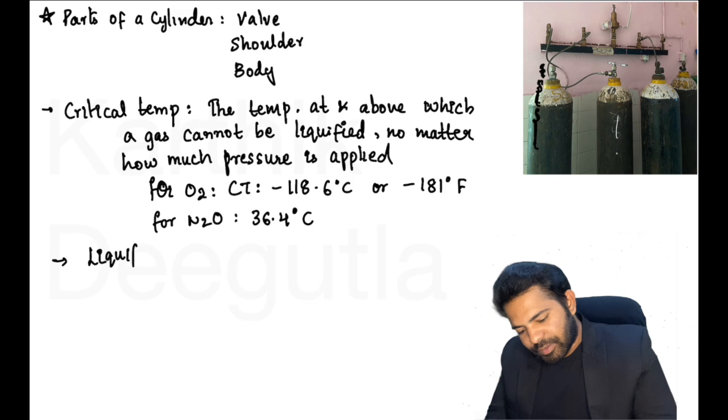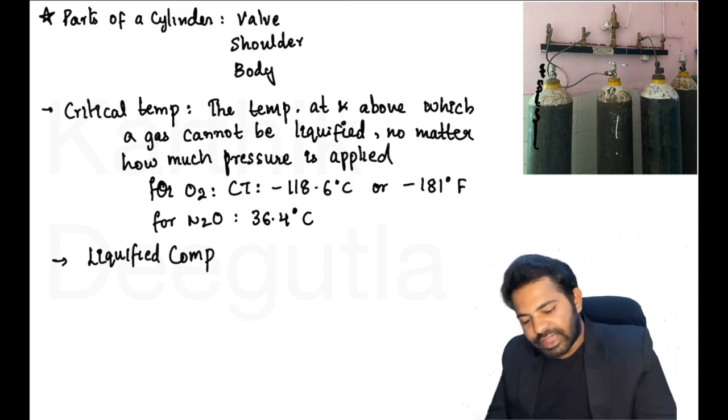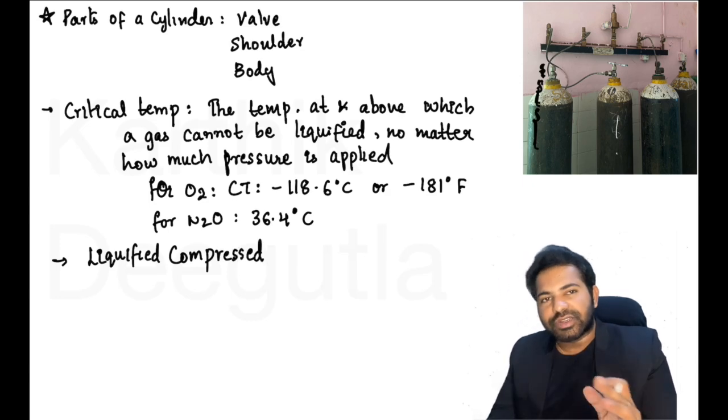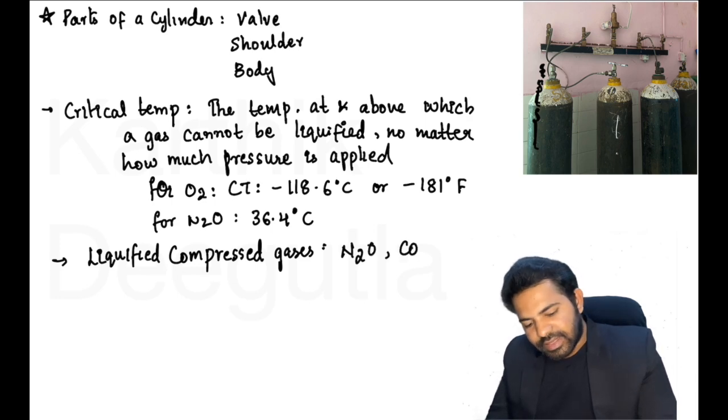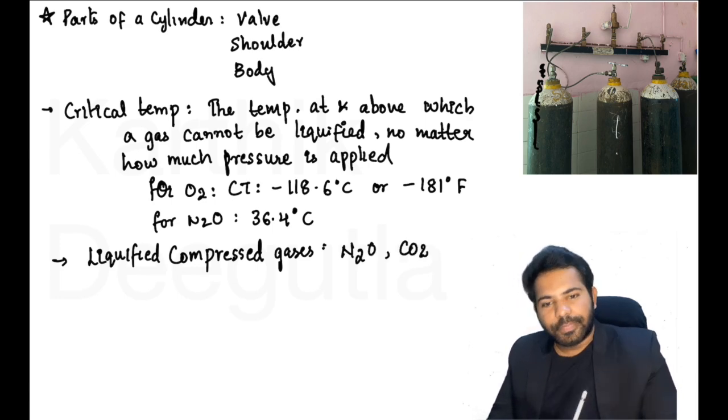Now what is a liquefied compressed gas? What are the examples of liquefied compressed gases? Those are the gases which are stored as liquids in the cylinder. One example I have already told you, which is nitrous oxide. The other gas is carbon dioxide.